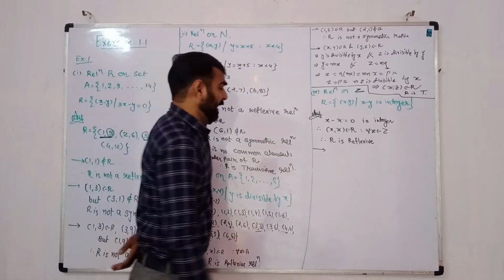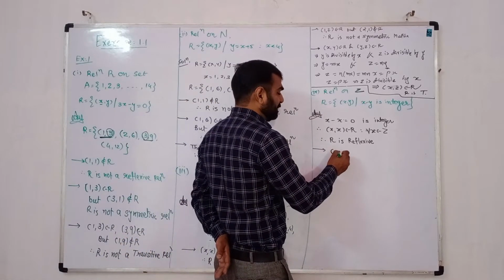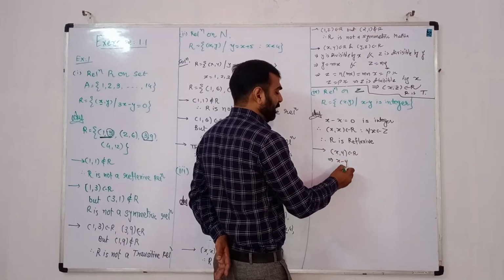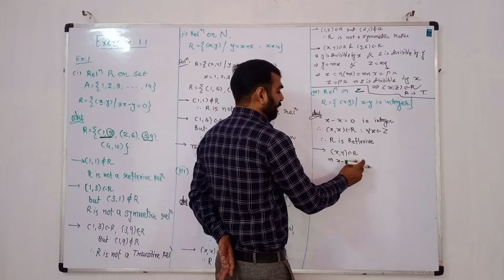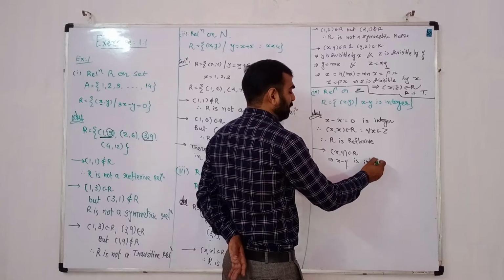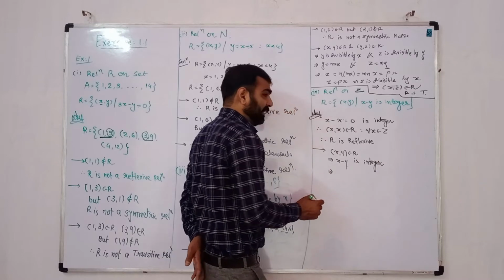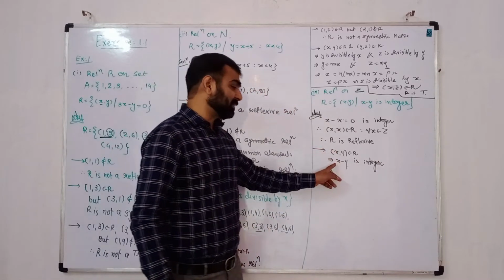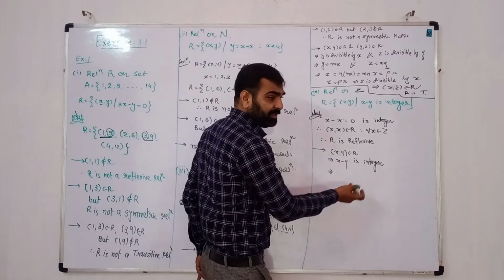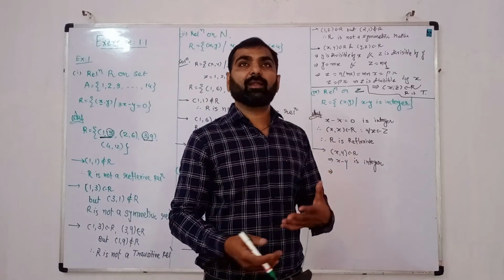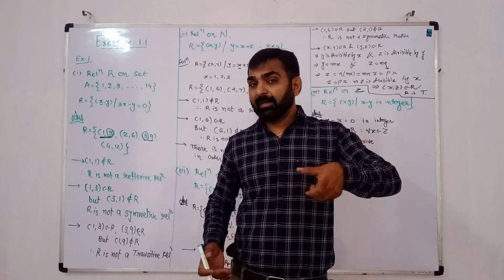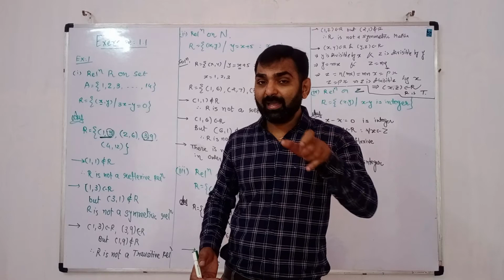Okay, next, for symmetric: xy belongs to R means x minus y is an integer. Now for yx, in xy it is x minus y, so in yx it is y minus x. Suppose x minus y is equal to 5.